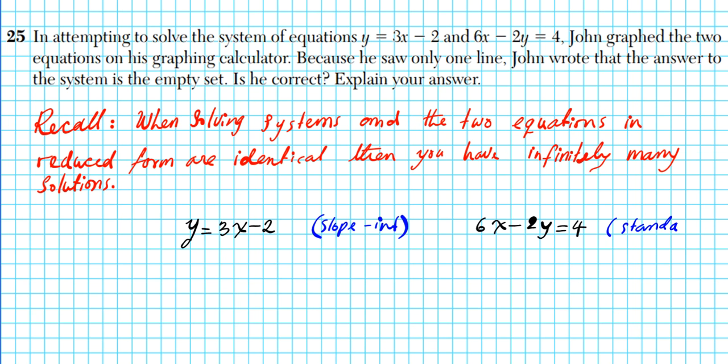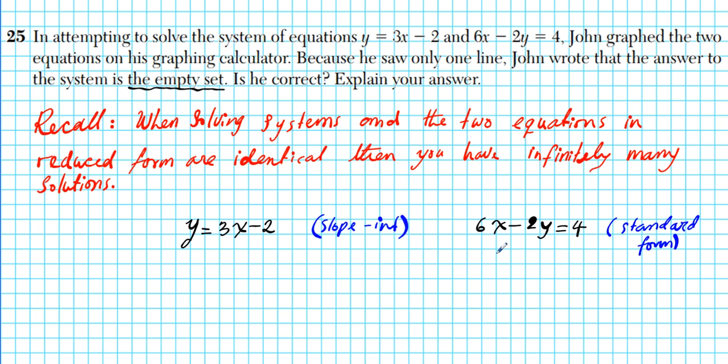So what we're going to do is put both of them in the same form, reduce it completely, and see what happens. If we have identical equations, then we'll have infinitely many solutions. But if only their slopes are identical and their y-intercepts are different, then we'll have no solution, which is equivalent to saying the solution is the empty set.